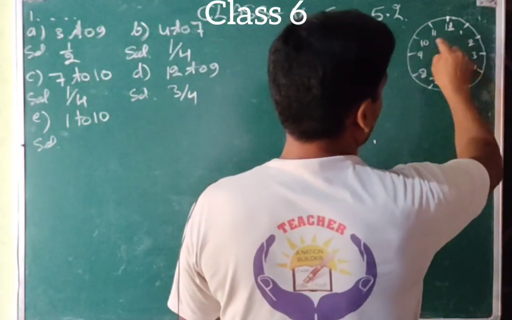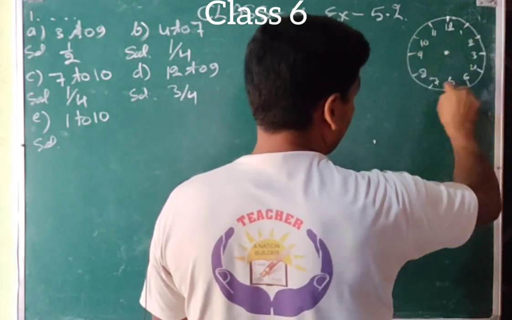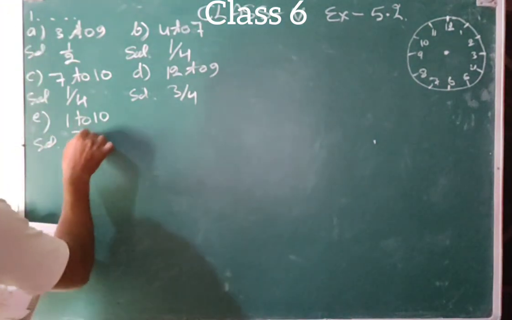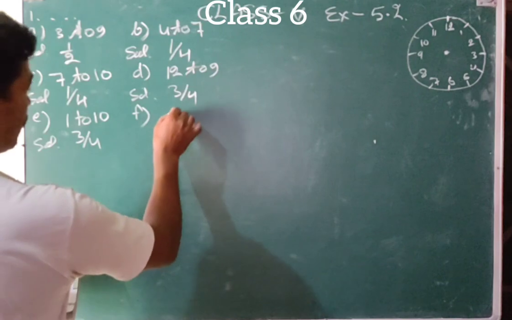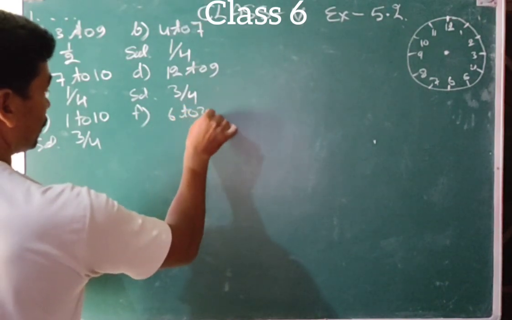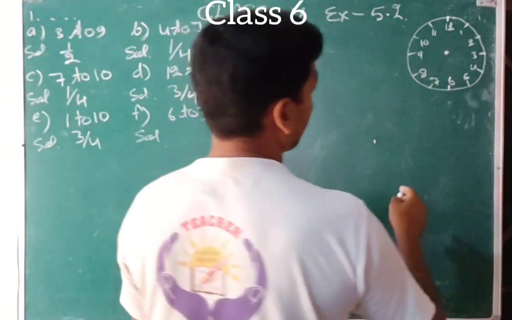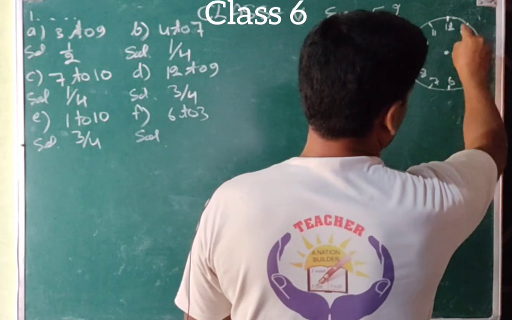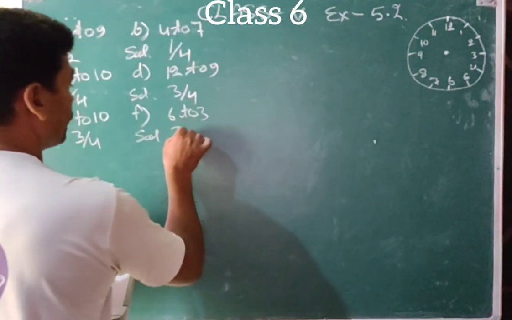From 1 to 10, it means the distance covered by the clock hand will also be 3/4. F part, 6 to 3, moving from here and going up to here, it means that is also 3/4.